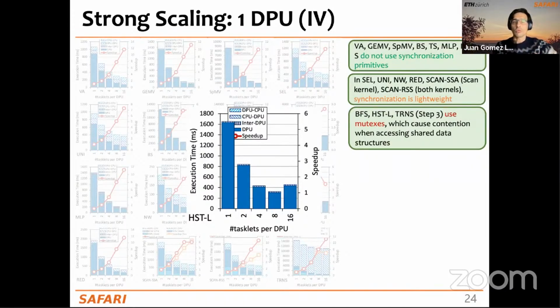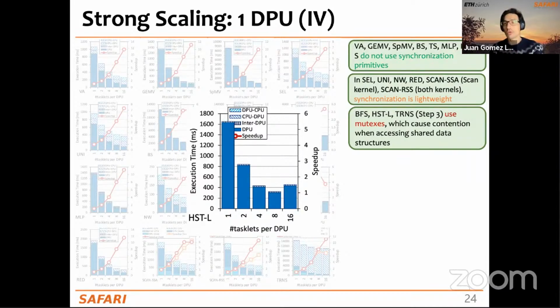And so the difference with respect to the other version of the histogram, the HSTS, that is S from short, is that that short version is only for relatively small histograms in a way that each of the different tasklets can have its own subhistogram in the WRAM. And after all these partial subhistograms in WRAM are created, the tasklets will reduce them into a final subhistogram per DPU, and after that transfer these partial subhistograms per DPU to the host for the final reduction.